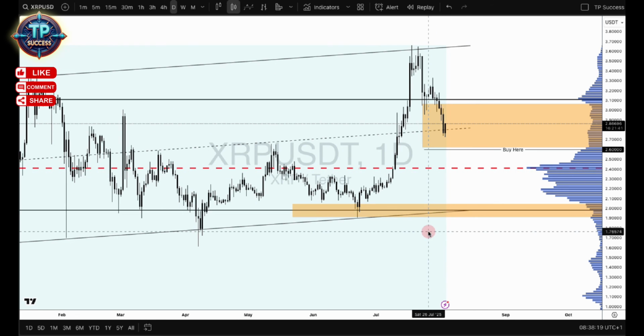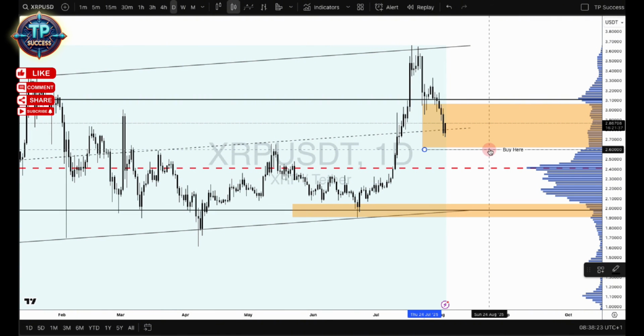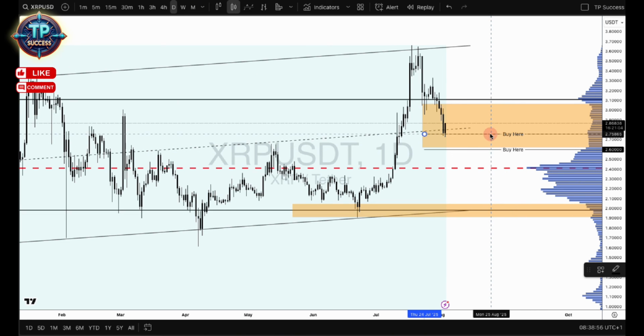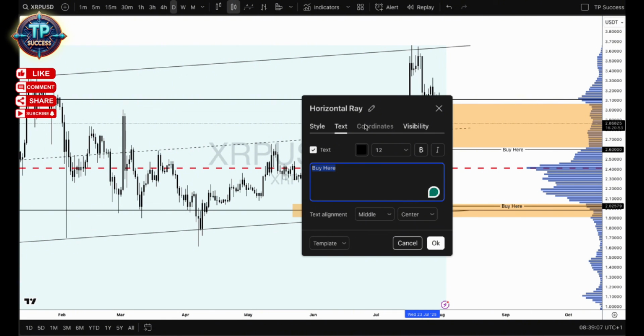And if it goes lower, then naturally, what I would do is clone. And then the next option is to buy over here, right? If XRP comes down to this level. And once again, we're just going to round off the numbers.